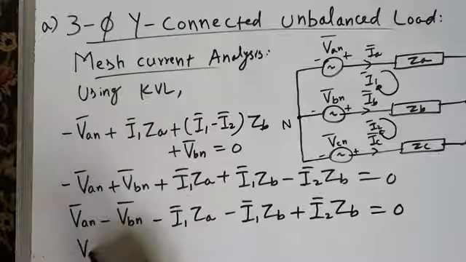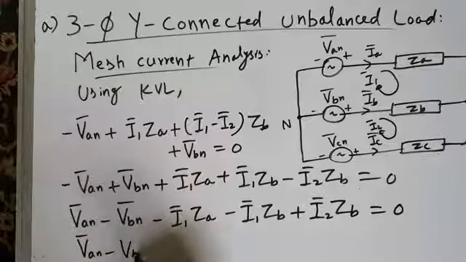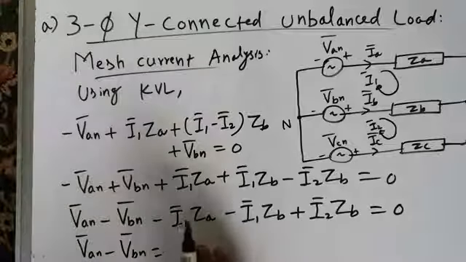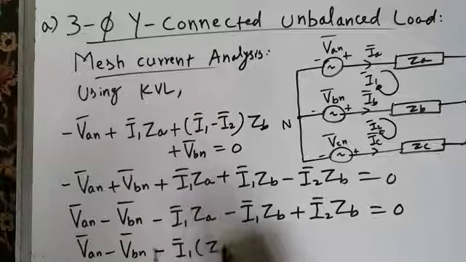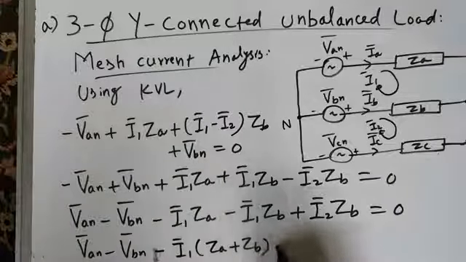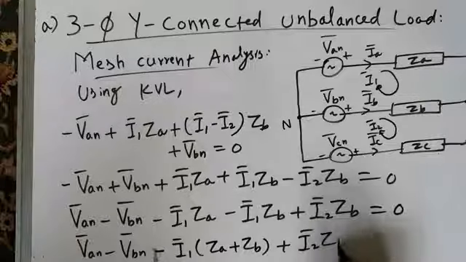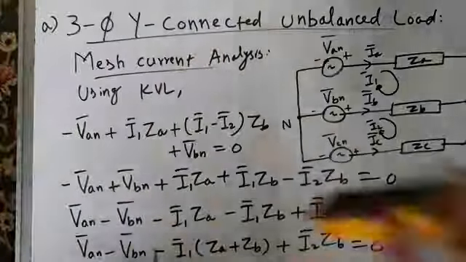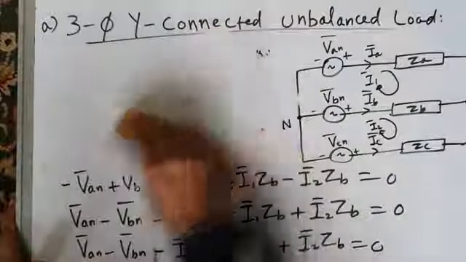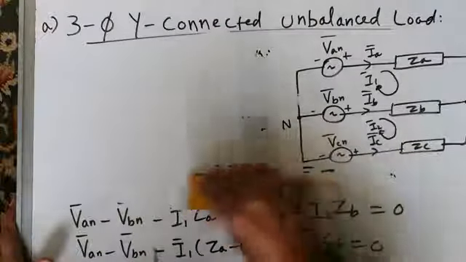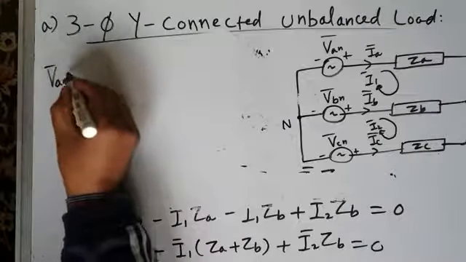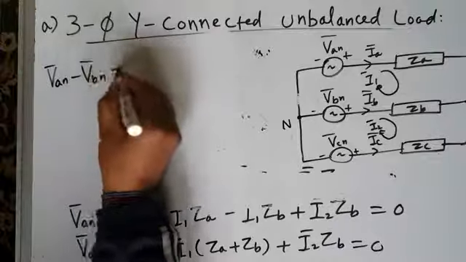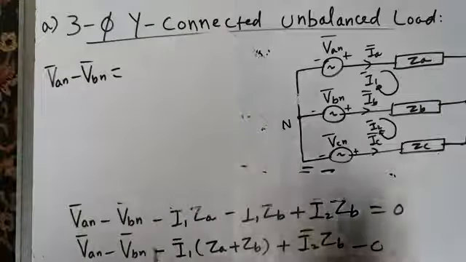So from this, VAN minus VBN is equal to, if I take I1 common, what I get inside is minus I1 times ZA plus ZB plus I2 ZB equal to 0. The further solution of this equation gives us VAN minus VBN is equal to, I will shift these two terms to the right hand side.